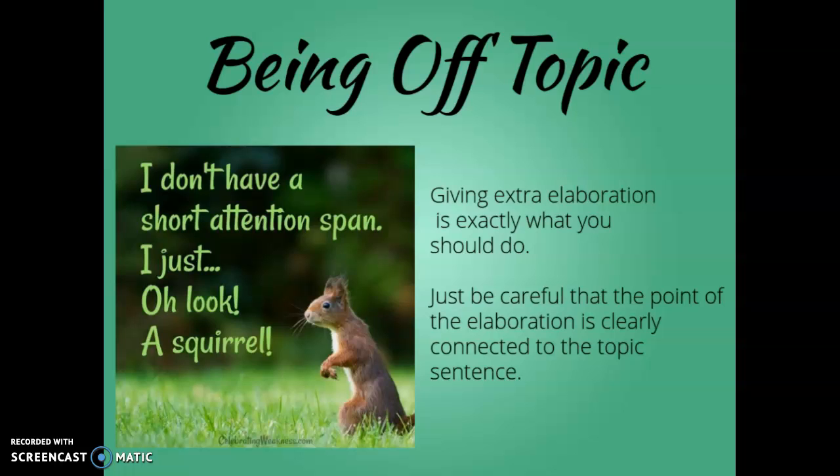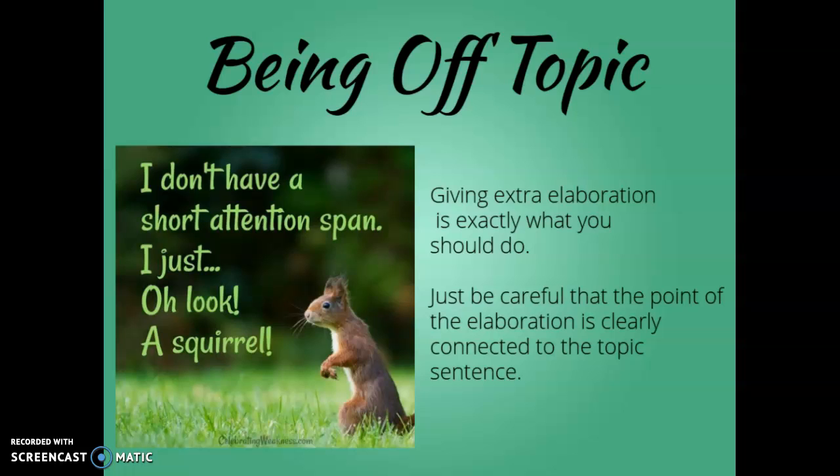If you are telling an anecdote to explain your evidence, then it's important that you don't just assume that your reader is making the connection that you're making. You have to spell it out for them, especially if it seems like it might be off topic.